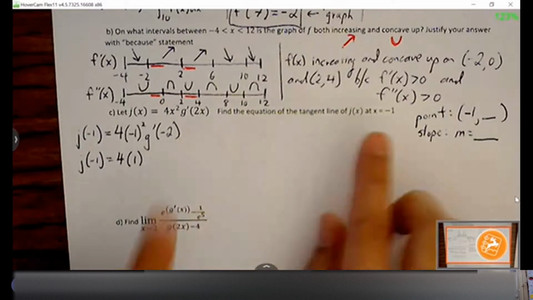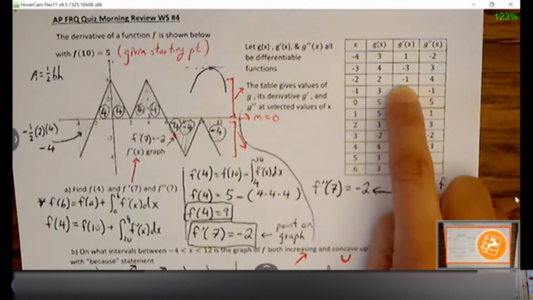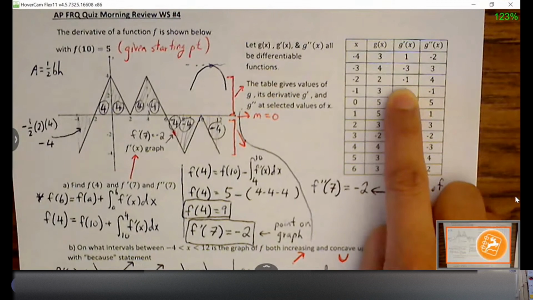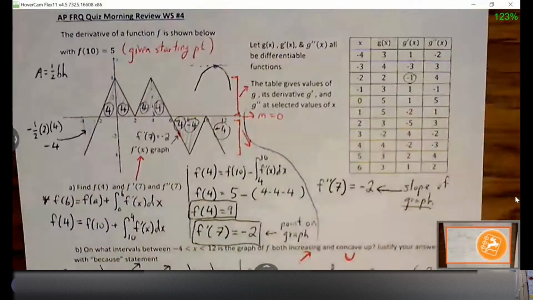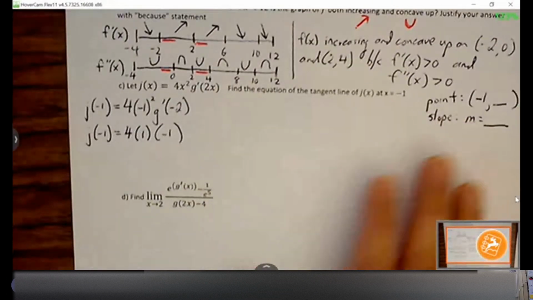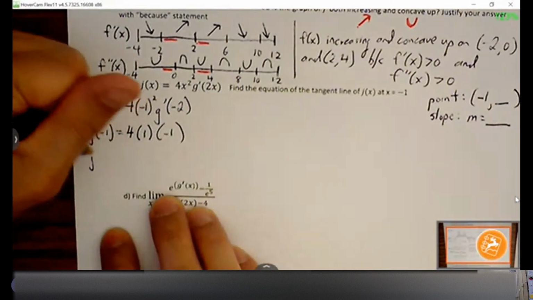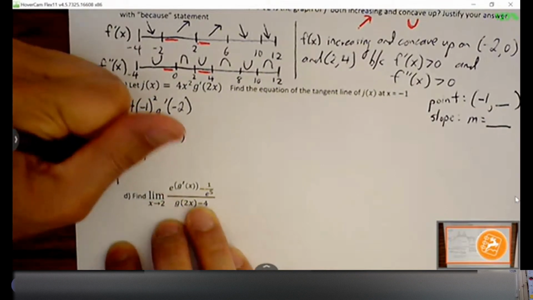So g prime of -2, we go to our table, which is -1. Okay, so there's our y value, j of -1 equals -4. There's our point.